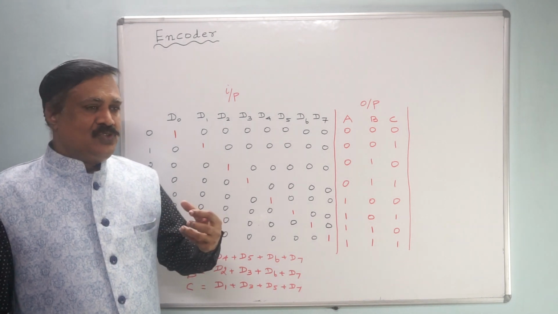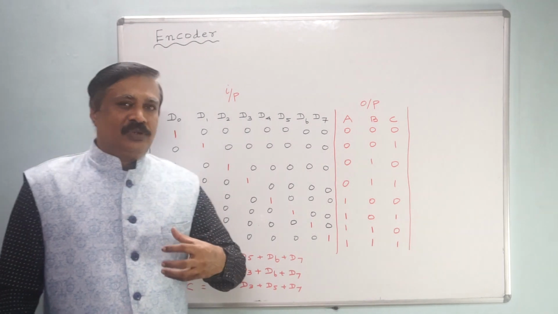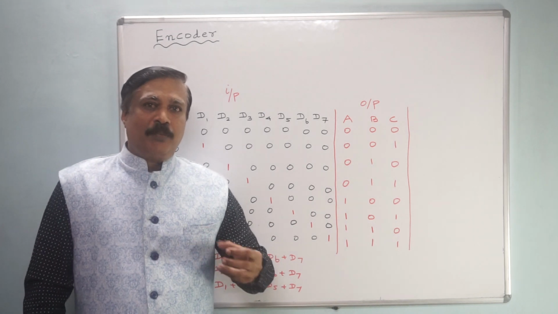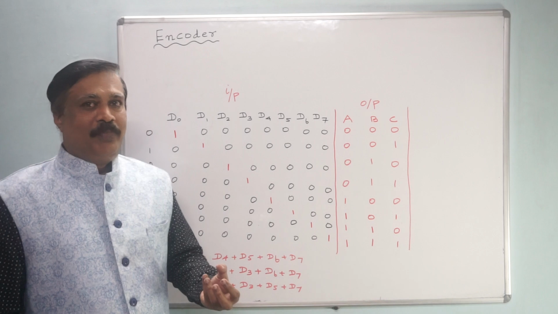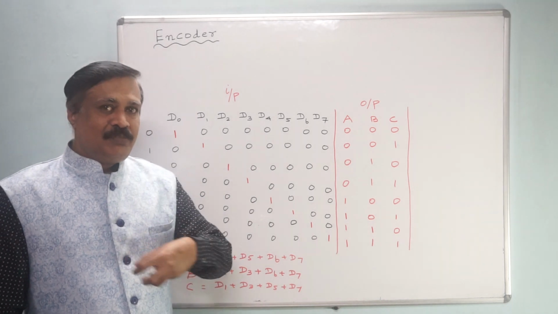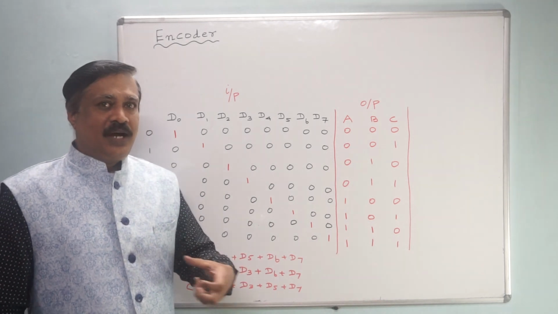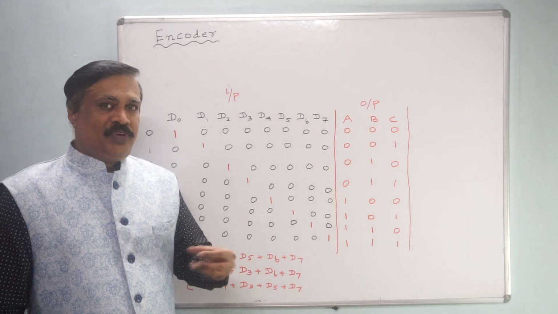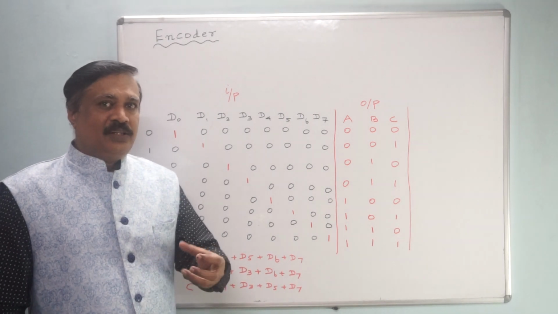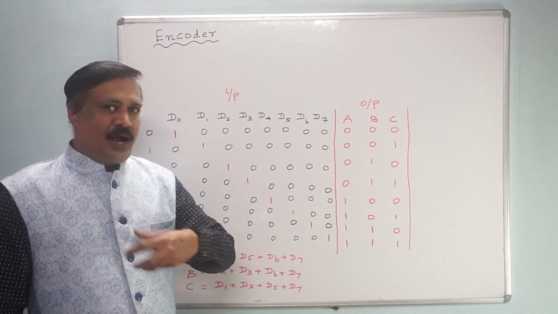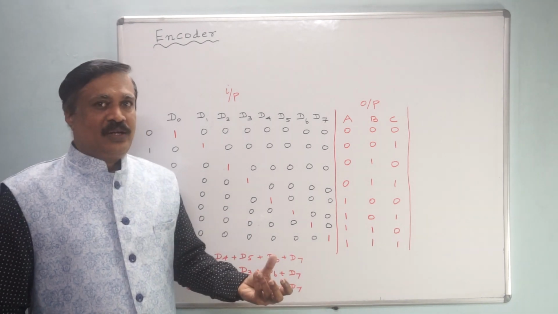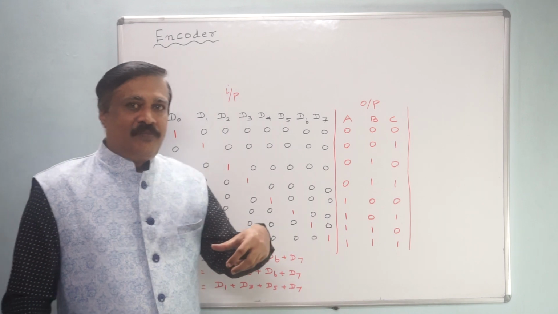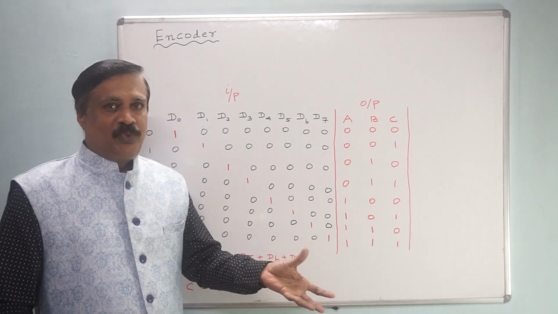Now encoder means, already you know, computer understands binary number only. But we are dealing with decimal numbers, alphabets and some symbols. Therefore, we have to feed these decimal numbers and alphabets, everything, to the computer.